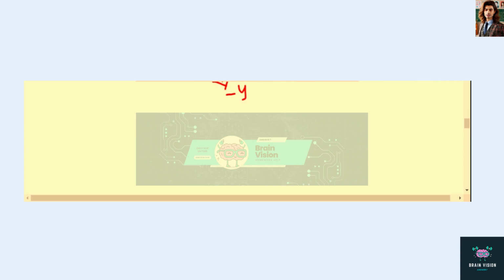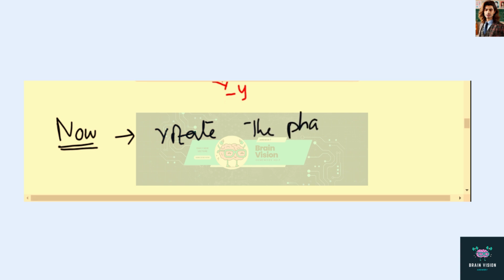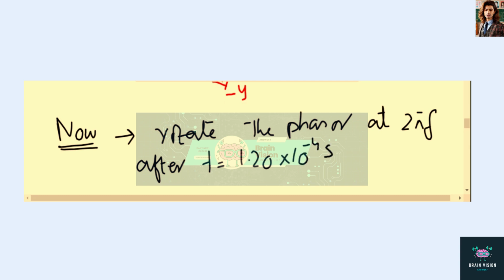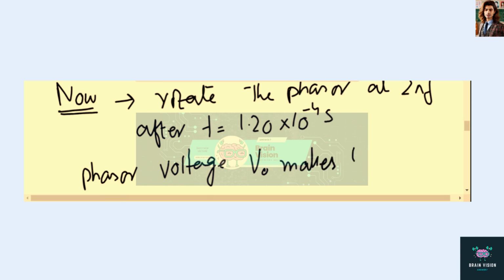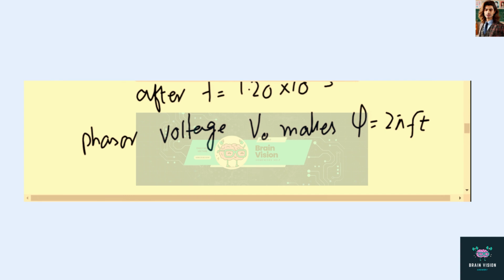So now if we rotate the phasor at a speed of 2 pi f, after t is equal to 1.20 into 10 raised to power minus 4 second, we'll get that the phasor voltage V naught makes angle phi is equal to 2 pi f t with the axis.